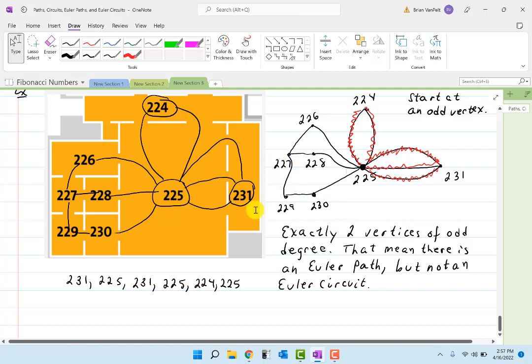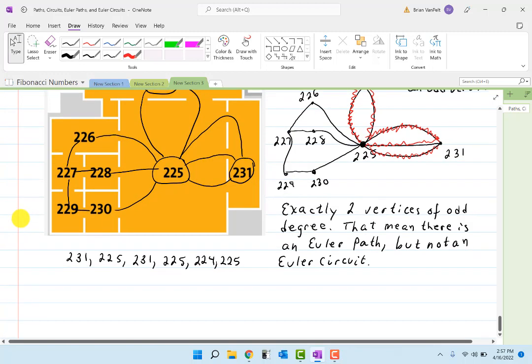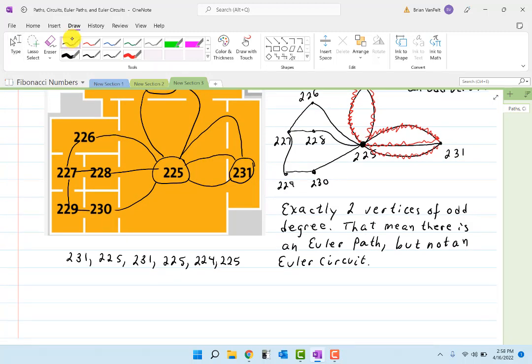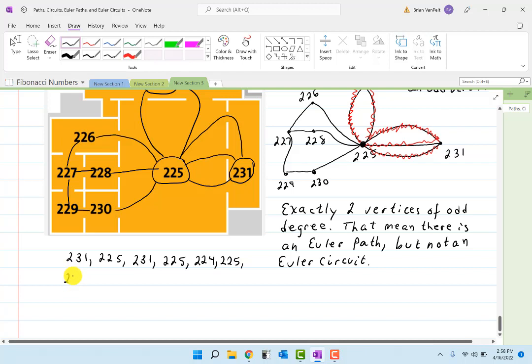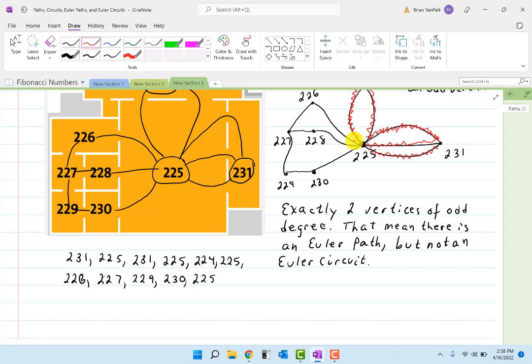So let me write down what my steps are there. I'm going to go to 226, to 227, to 229, to 230. I'm actually going different than I said I would. Then I'm going to go to 225. So what I actually did and said are two different things.